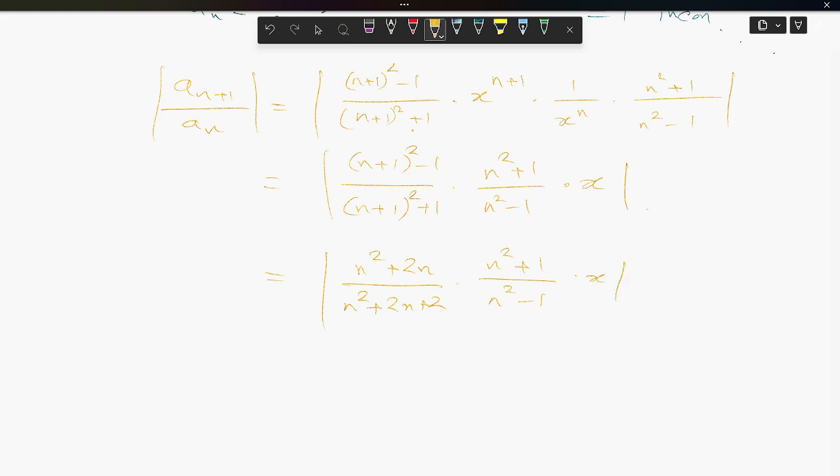So fine, so good. So as n tends to infinity, now what we will have? The dominant terms are n square in the numerators and denominators, so if we divide everything by n square, then we will get 1.